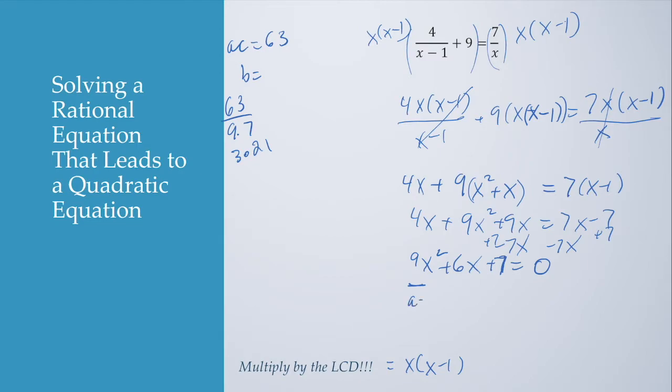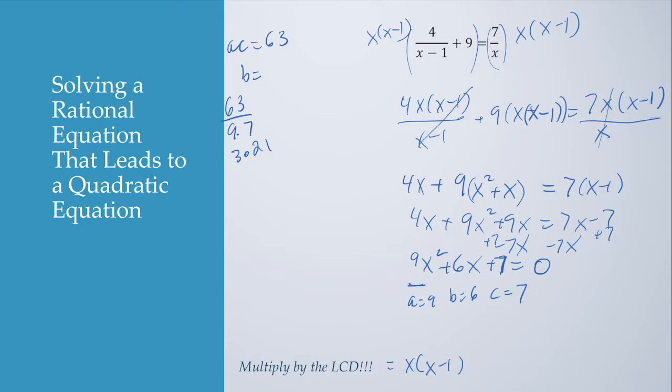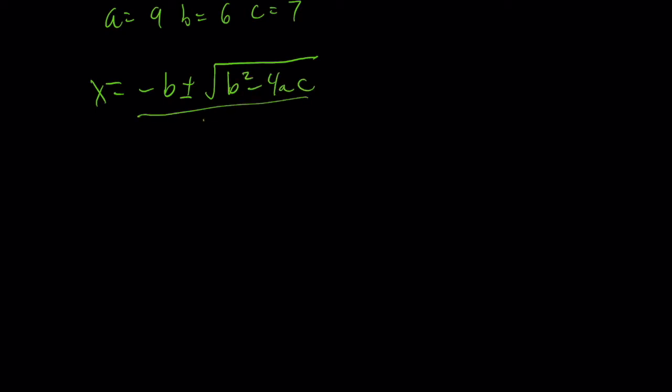So I have A is 9, B is 6, and C is 7. Let me give us a blank space to solve this. So like I said, A is 9, B is 6, and C is negative 7, right? Nope, they're all positive. Oops. Okay, so A is 9, B is 6, C is 7. X is negative B plus or minus the square root of B squared minus 4AC all over 2A.